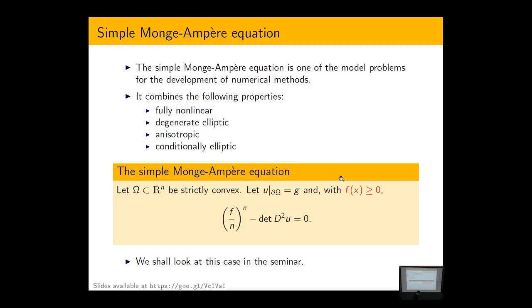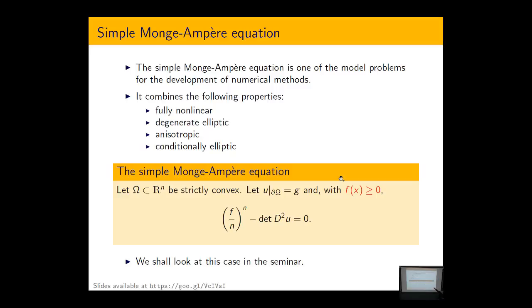But as I said, it's already of interest and poses interesting numerical questions because we have really 4 different aspects to consider. So if you like, we want to do numerical analysis trying to understand the combination of a fully nonlinear problem, which is degenerate elliptic. This degeneracy of the Monge Ampere operator occurs if the right-hand side f vanishes.